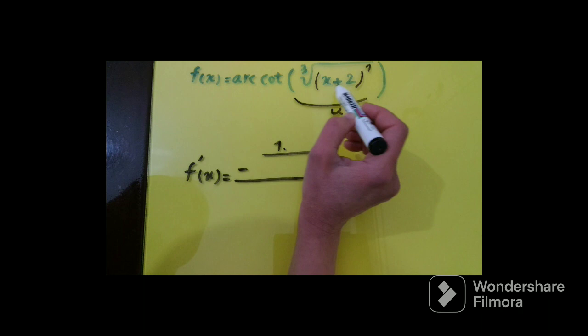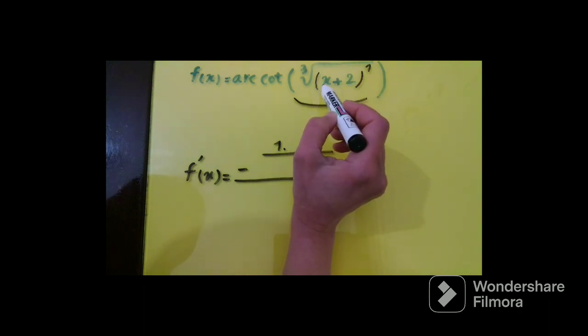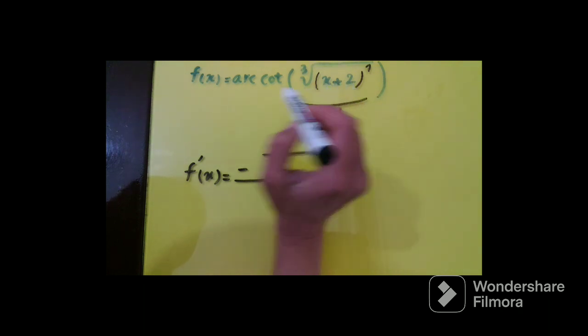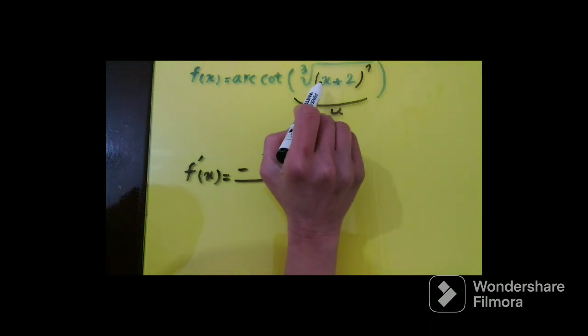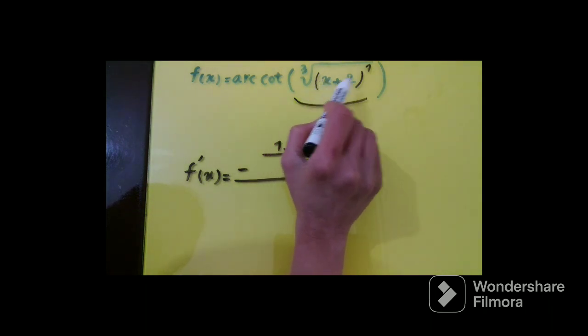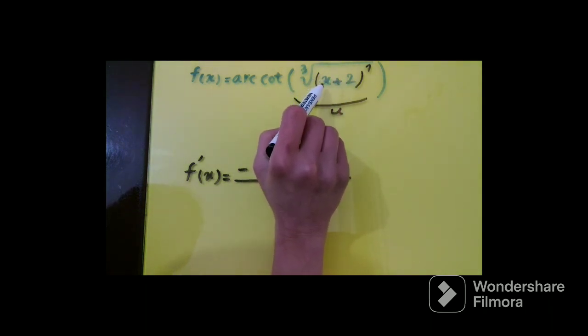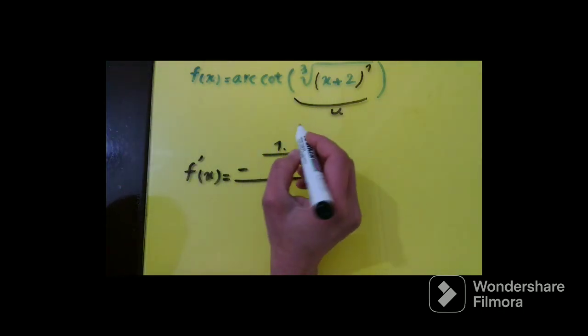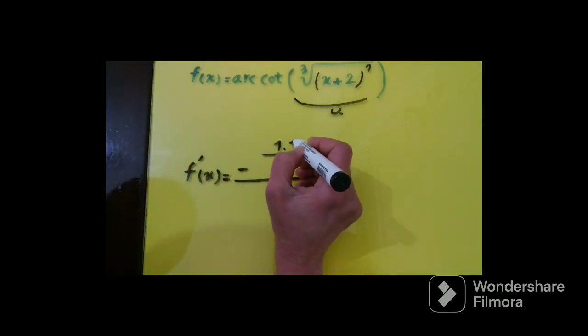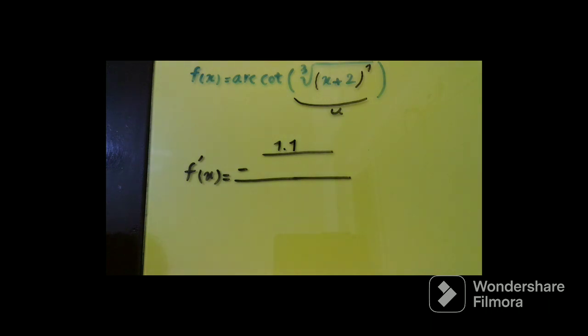Now you should get the derivative of this term. As you see, two terms sum each other. So you should get the derivative one by one. The derivative of x is 1. The derivative of 2, as 2 has a constant value, is 0.